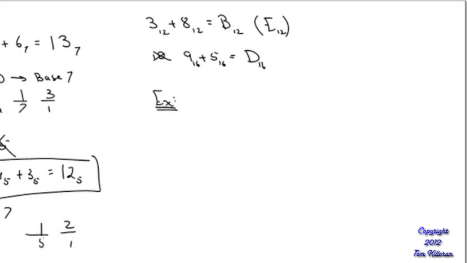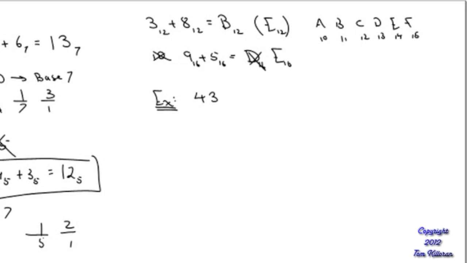It's D. A, B, C, D, E, F, 10. Just write this on your paper and be done with it. So 9 plus 5 is 14, and the symbol is E.